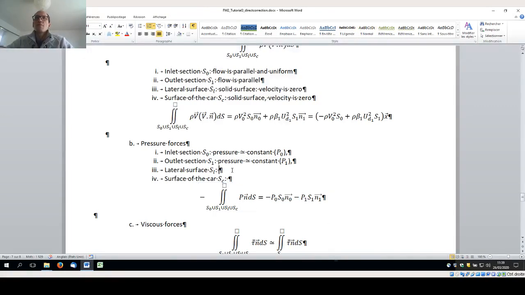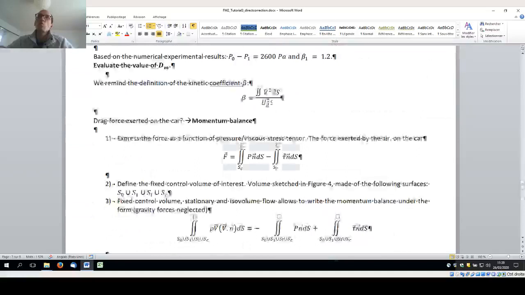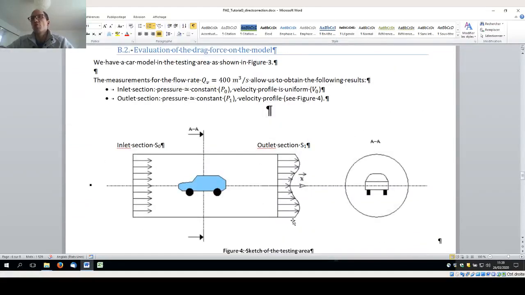Okay, so it's just because it said that the pressure is almost constant, which is a good approximation. Actually, it uses the fact that the flow is parallel flow in the inlet and outlet section.